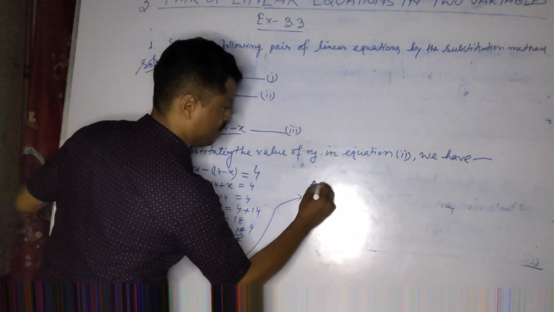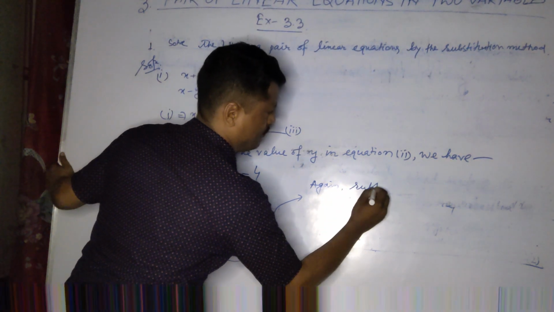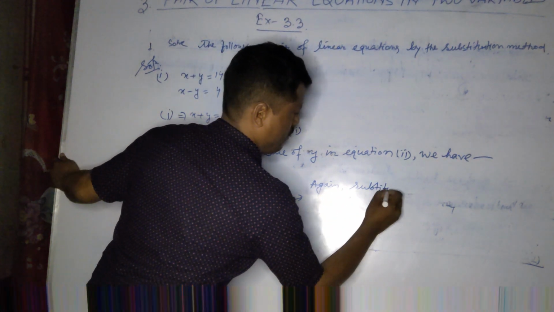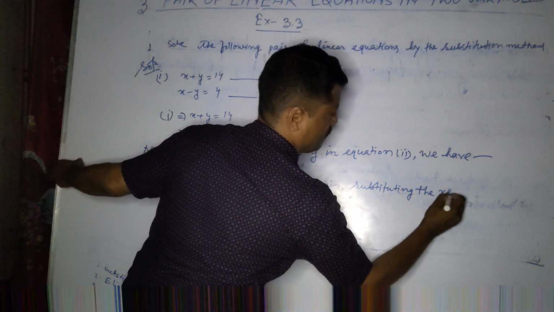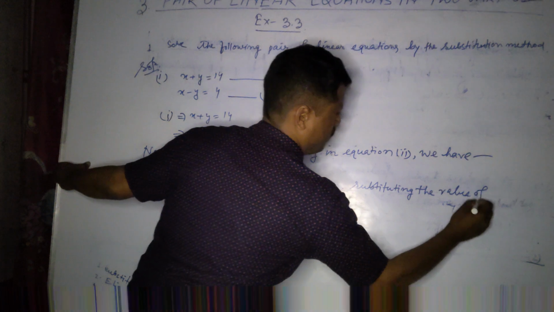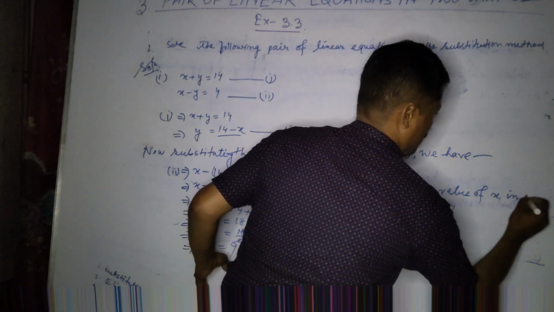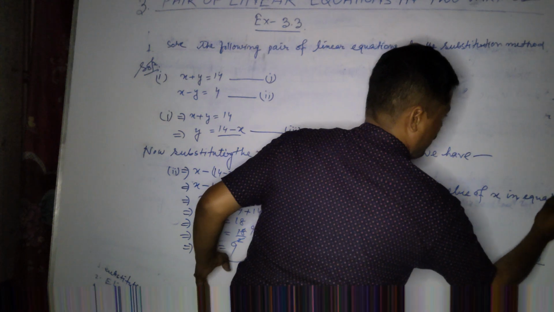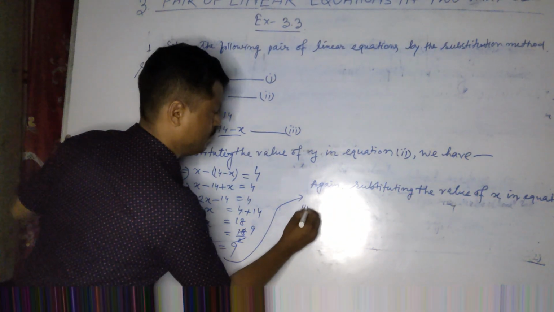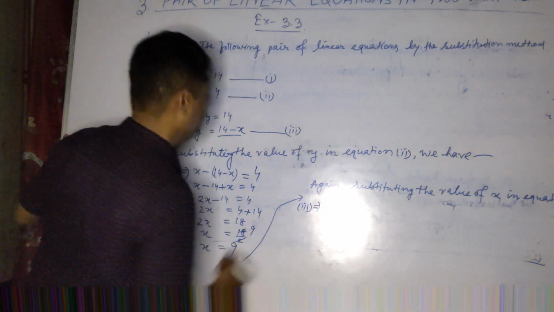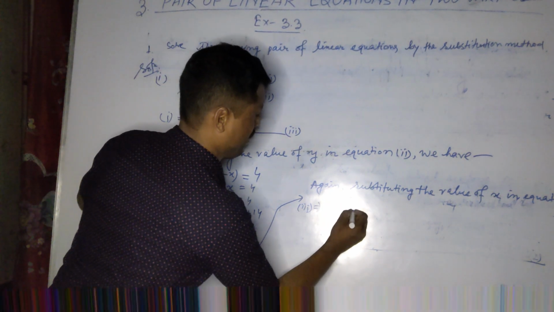Again substituting the value of x in equation 3, it implies y is equal to 14 minus x.